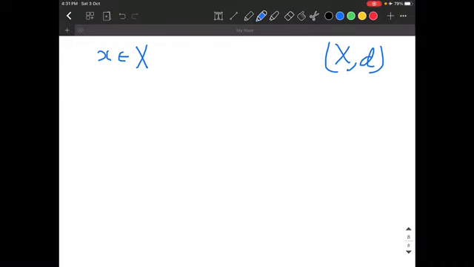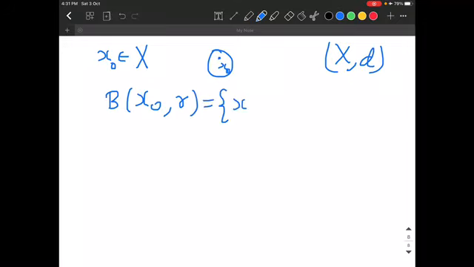Let x naught belong to X. Then the open ball around x naught with radius r is the set of all points x such that the distance between x and x naught is less than r.